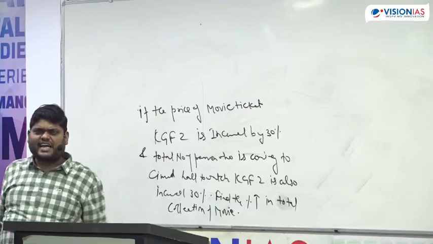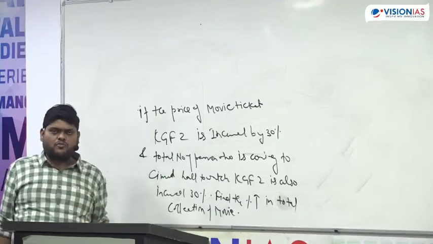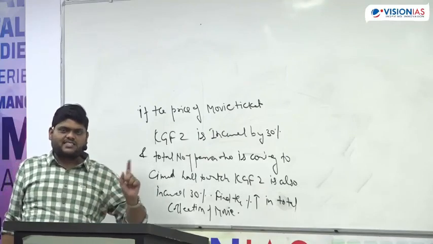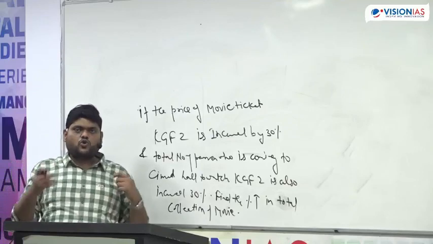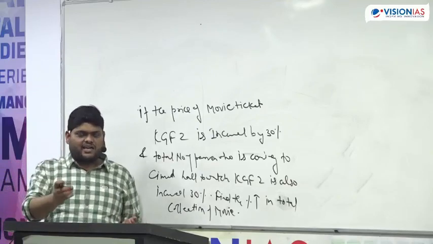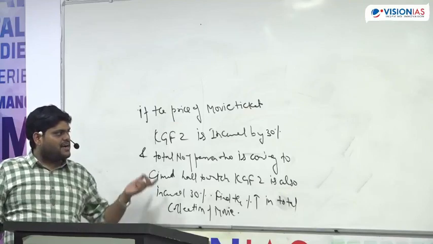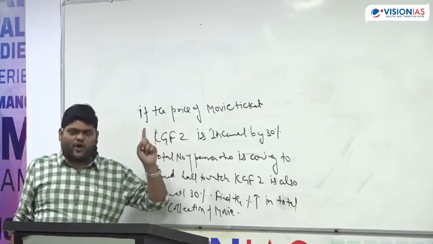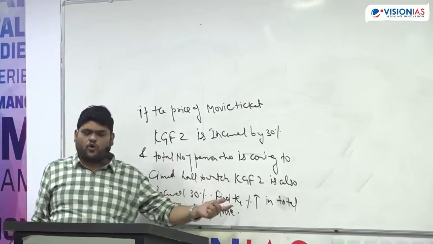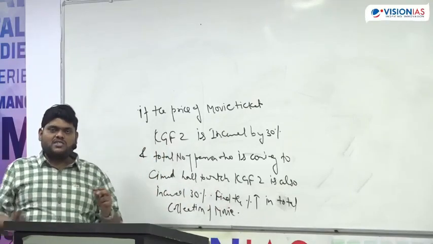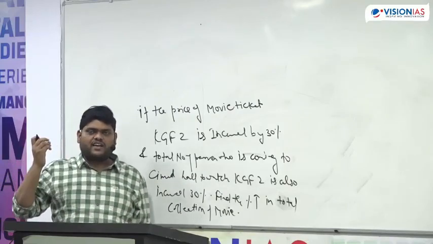So now you can directly think of the formula. Suppose for this classroom, 1 person ticket is 100 rupees. And suppose there are 10 persons. So total collection will be what? 100 into 10, that means 1000 rupees. Similarly here, the price of one movie ticket multiplied by the number of persons watching KGF2 will give the total collection.